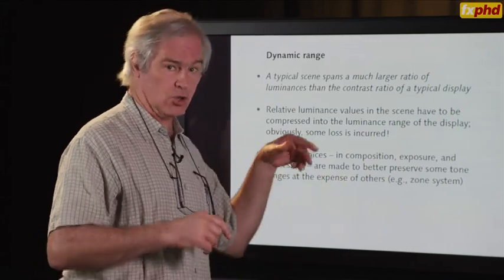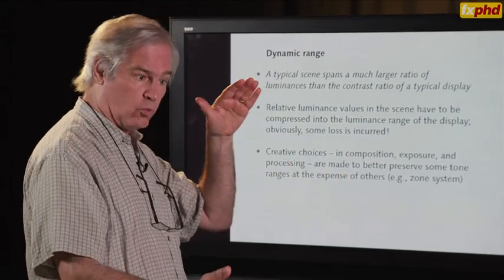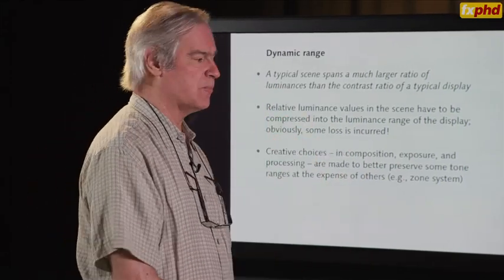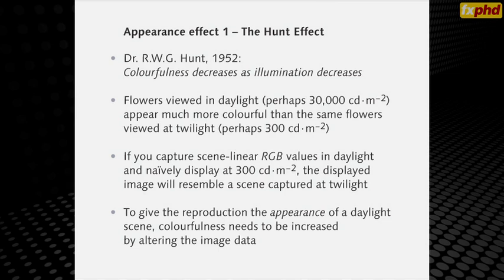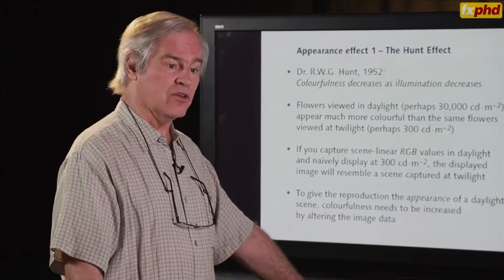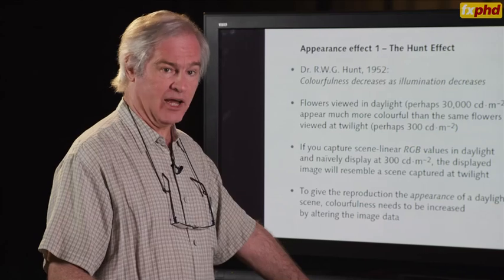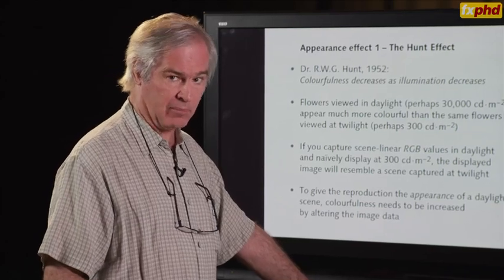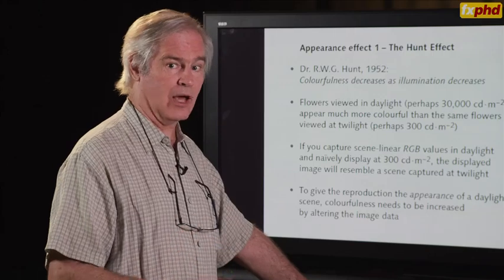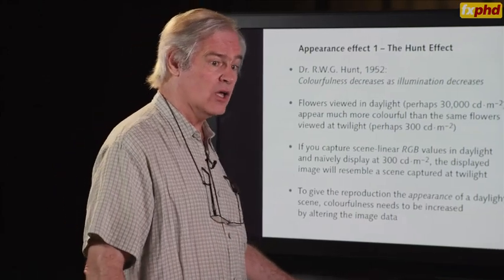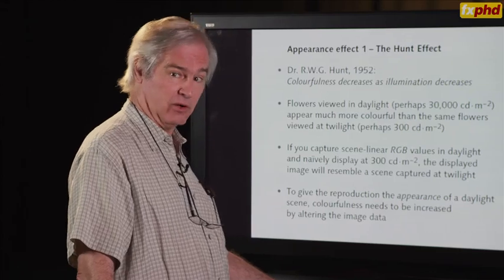So there are artistic choices that fold into this reduction of dynamic range. Let's now explore the visual phenomena behind the mapping of picture information. And there are several phenomena at work. The one that we'll start with was first documented by a very famous color scientist, Bob Hunt, who wrote this up in 1952 as one of his early scientific works.